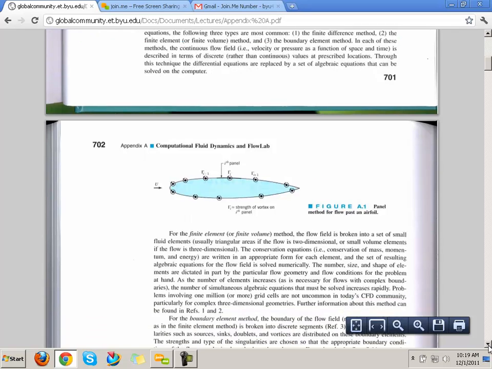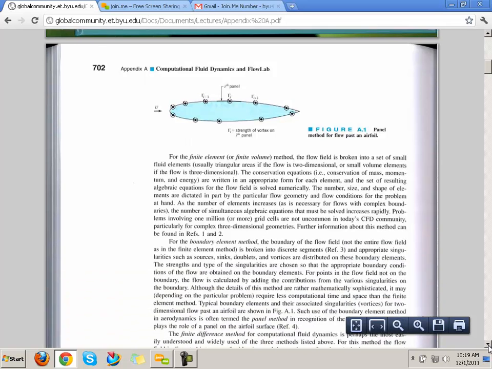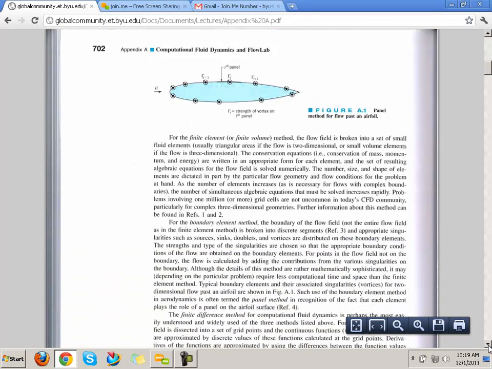The three types it talks about here: first is the finite element or finite volume style, and this is the one we did in class, where you make a mesh. You have the boundaries, and you have your object, and then the entire space is filled with a mesh, both a boundary layer mesh and then the rest of the mesh, and we'll talk about that in a little bit. That's the one that we're doing in this class.